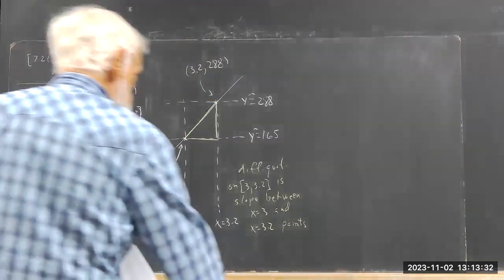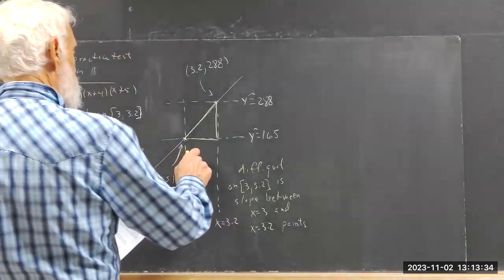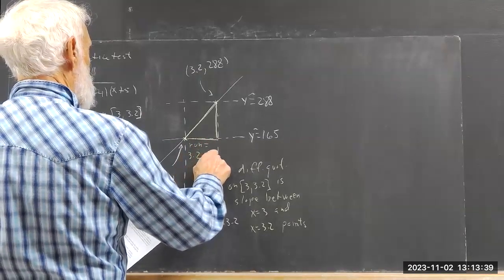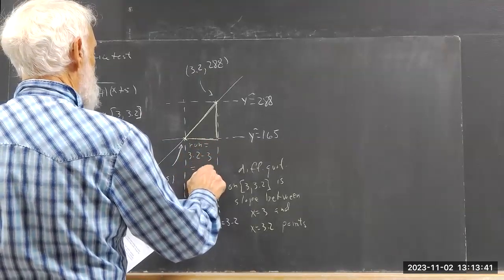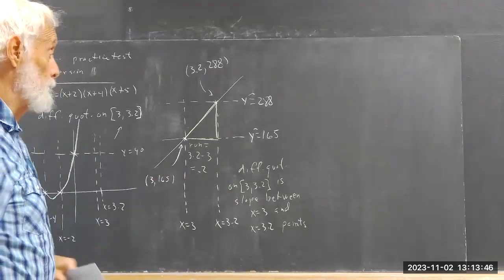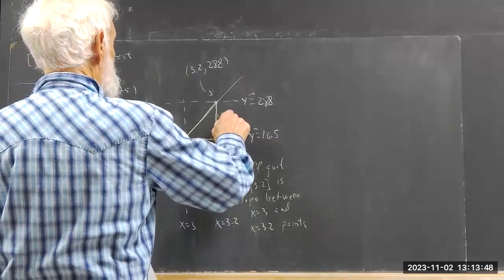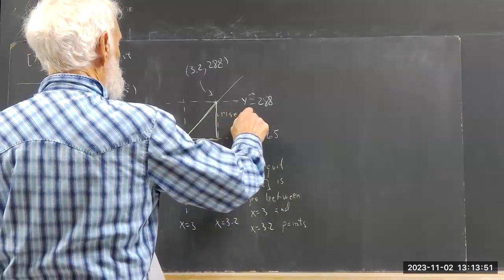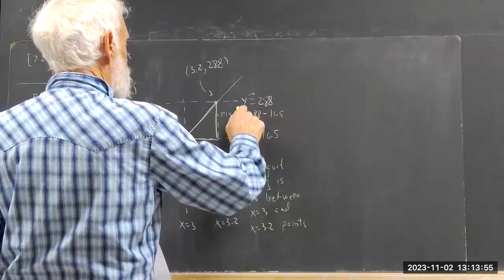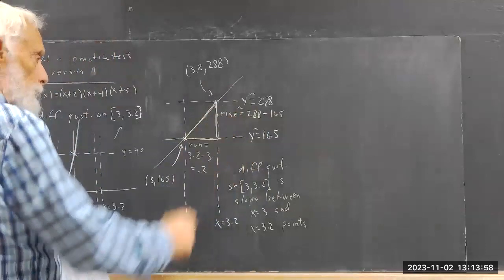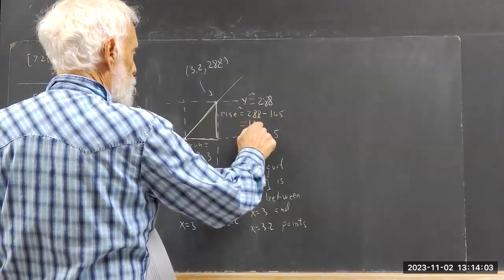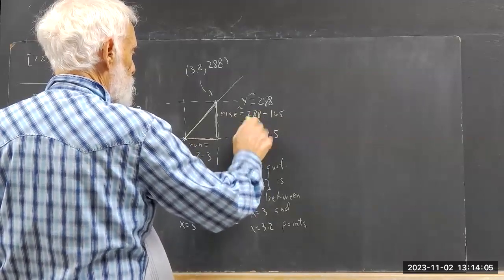So it looks like the run is 0.2, right? 3 to 3.2. And the rise is approximately this, because these are all approximations. But this is going to be about 123.